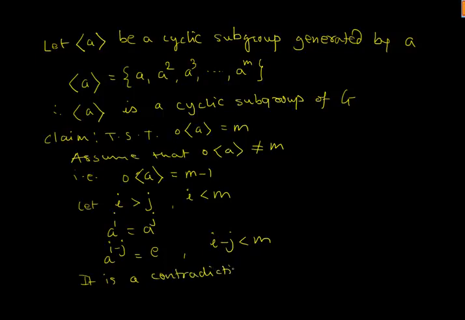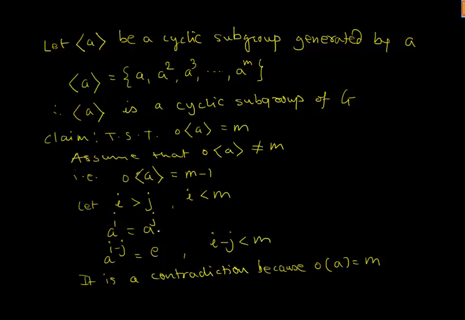Why is it a contradiction? Because the order of a is equal to m, and m is the smallest integer which gives a to the power m equal to e. Here i minus j is giving e, but i minus j is less than m. So it is not possible.